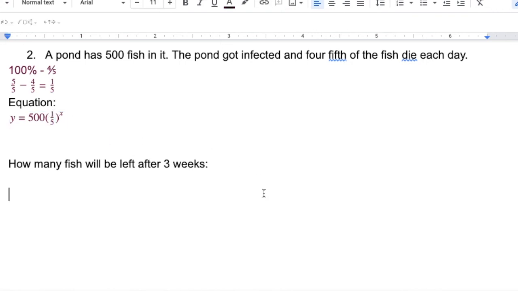And then how many fish are going to be left after 3 weeks then? Well, first of all, the x value is going to be 21 because it's 3 weeks that they're asking about, but the situation came in days. And so there are 7 days in a week, and 7 times 3 is going to be 21.